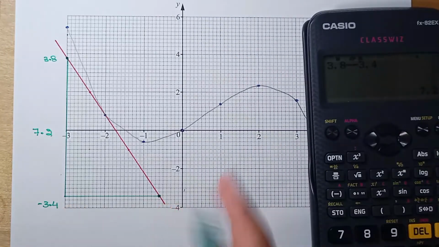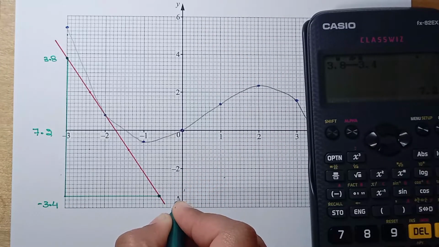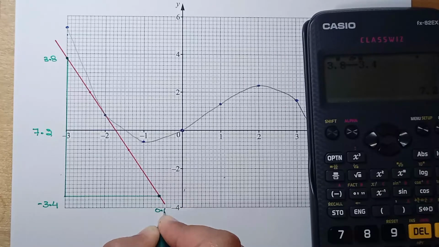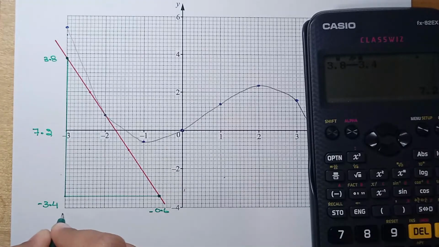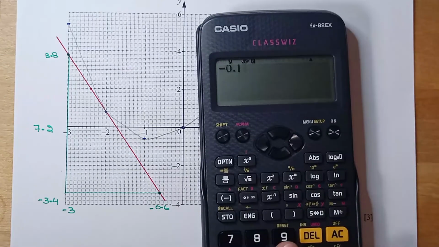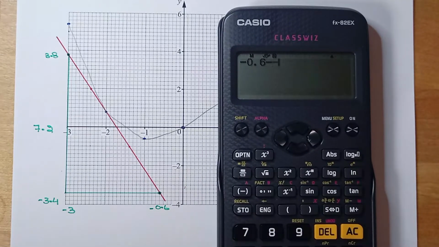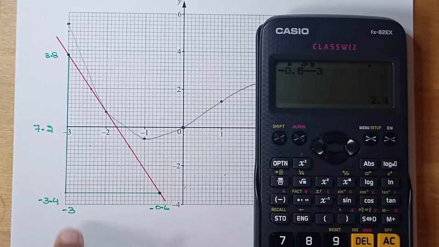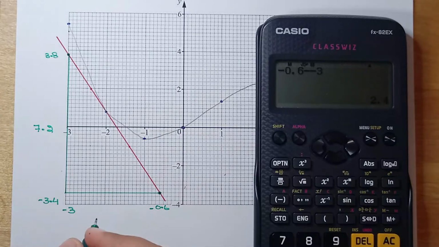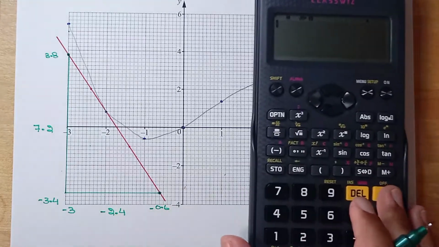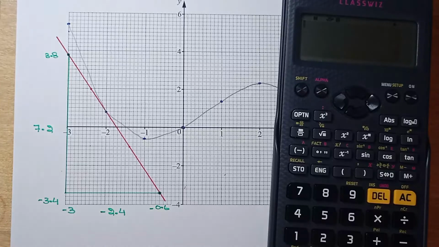And what are the x values? So here the x is 0, 0.1, 0.2, 0.3, 0.4, 0.5, 0.6 with a negative sign, and here we have negative 3, right? So the higher is negative 0.6 minus the lower is negative 3. Sorry, negative 0.6 minus negative 3, that would be 2.4. We need to subtract both of them. Now for the gradient, we can do change in y over change in x.